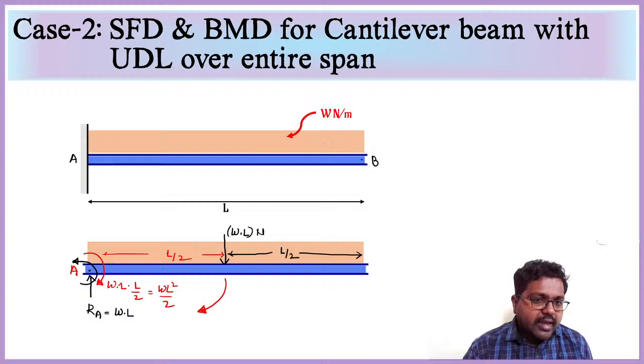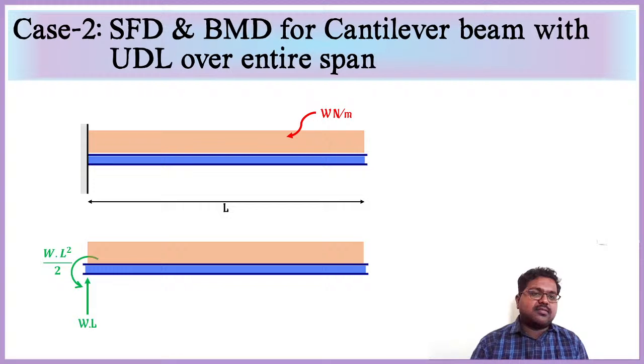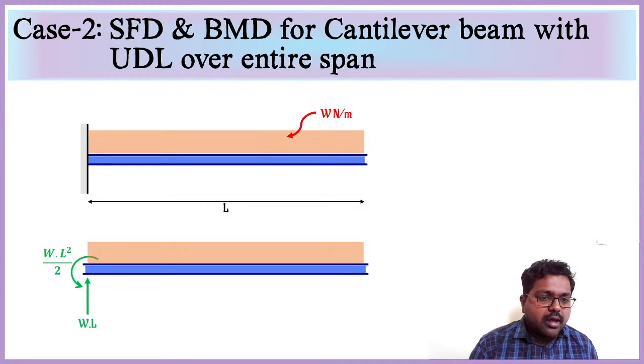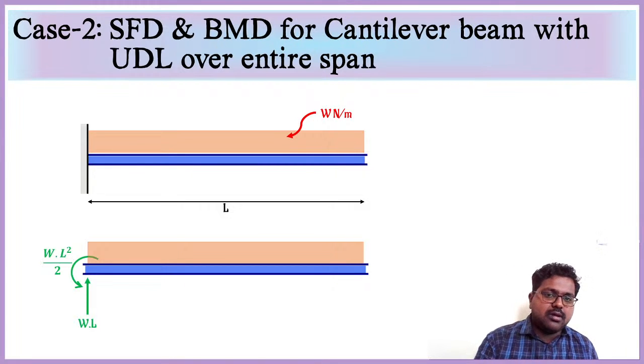This is the action of the moment. So the opposite reaction has to appear, which is also equal to W L square by 2. Okay, so if we simplify it, WL reaction force and WL square by 2 reaction moment are acting at the section.